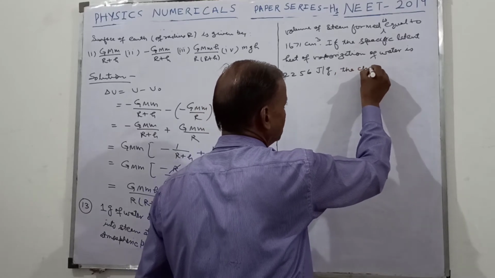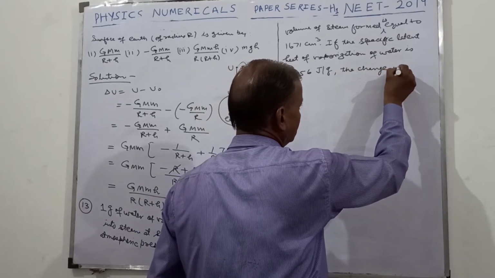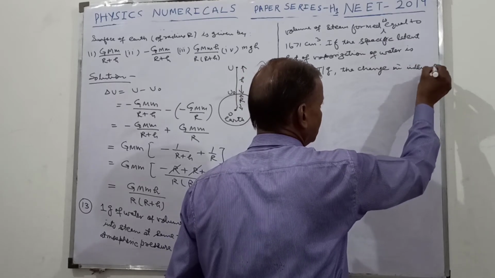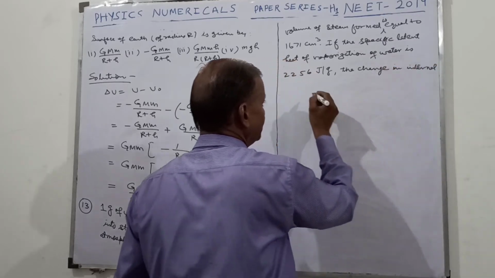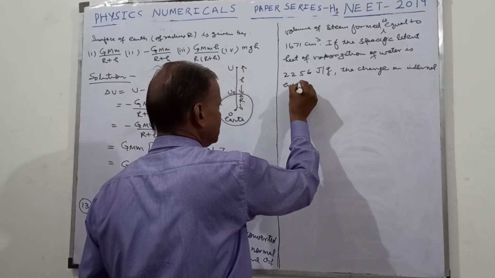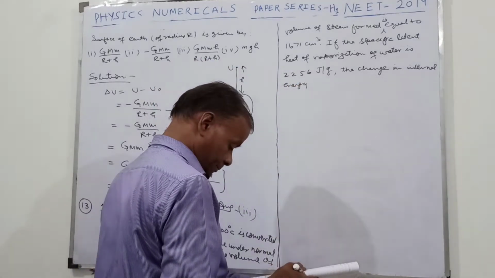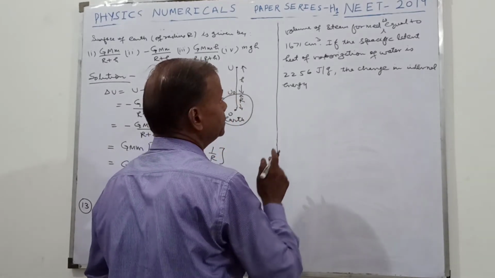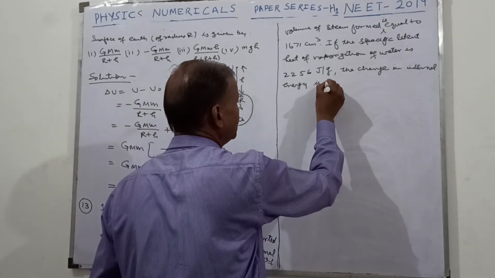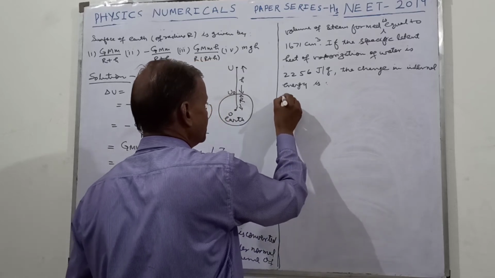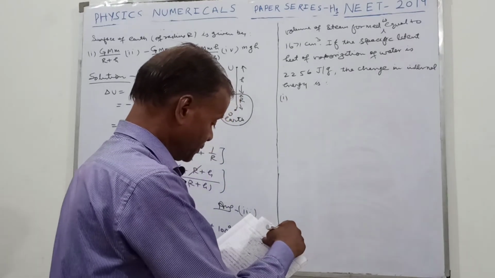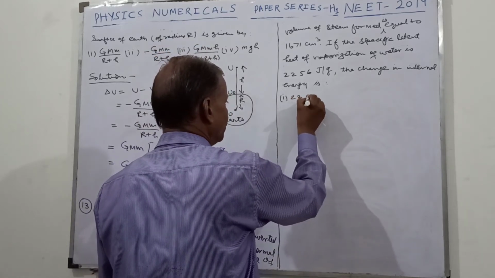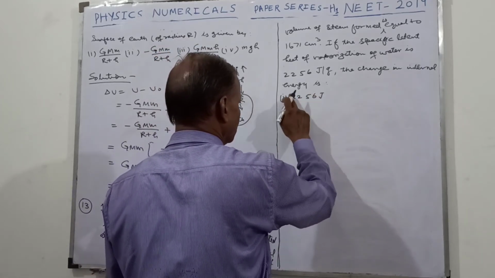is now your options. First option is 2256 joule.